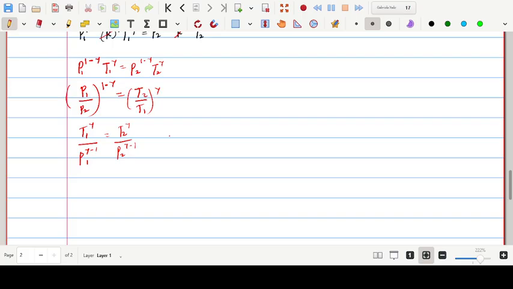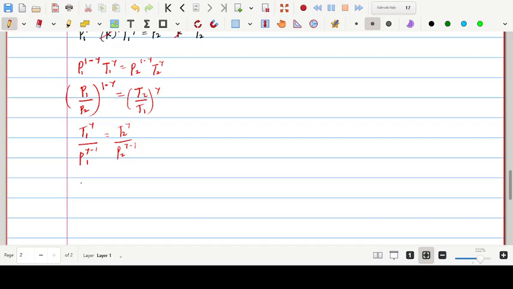You understand now? So we can now look for the P2 that we are looking for. According to this equation, if you want to remove this power, I am going to root it with this.